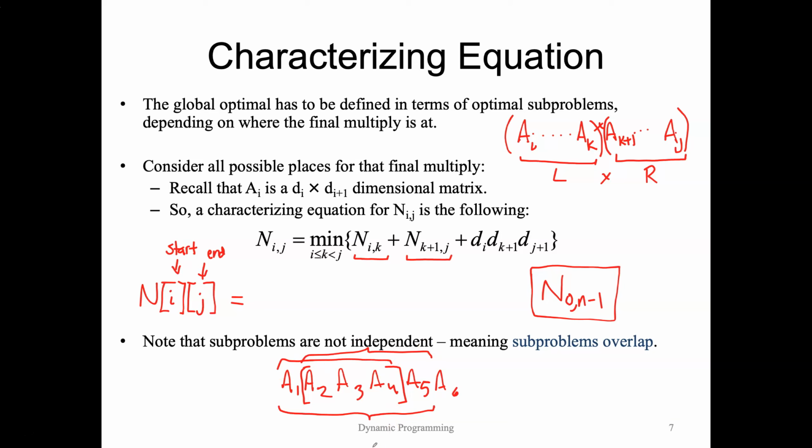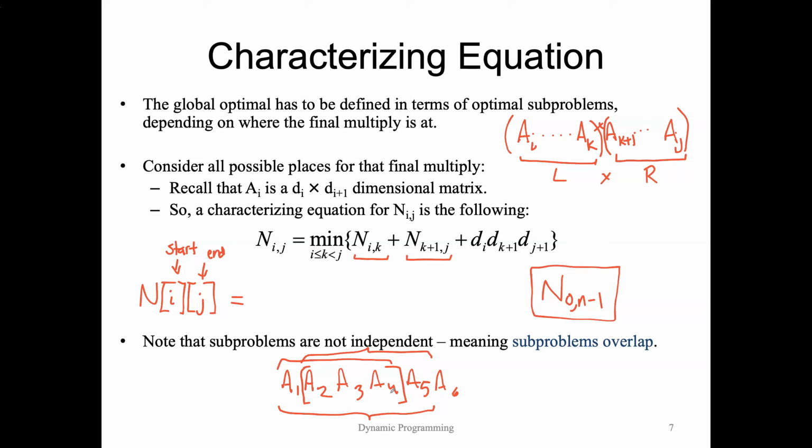So there's an overlap of subproblems that we end up using here, which is why we don't want to solve this exactly recursively. Instead, we're going to define this from the bottom up. So the idea is, since we end up reusing these smaller sized subproblems, we're going to solve for these smaller sized subproblems first, and then use them in order to give us a solution for our larger sized problems.